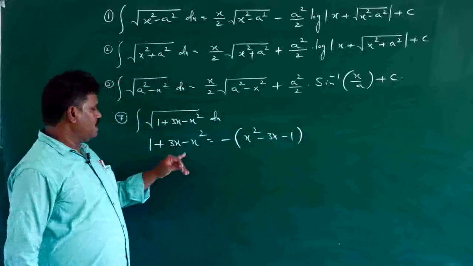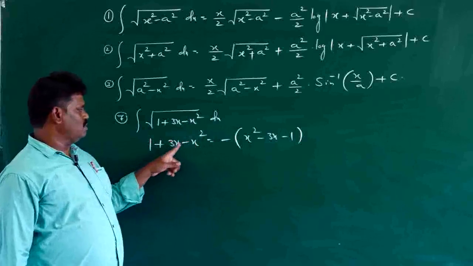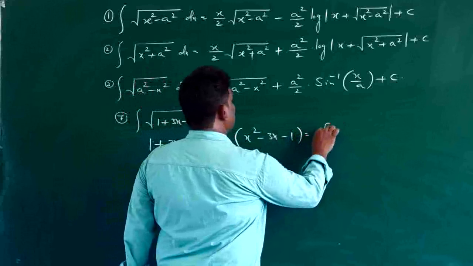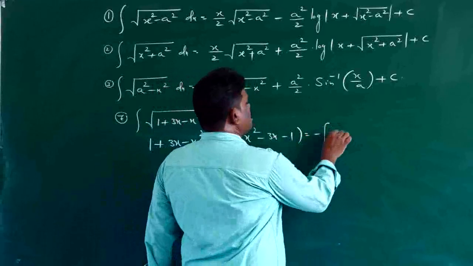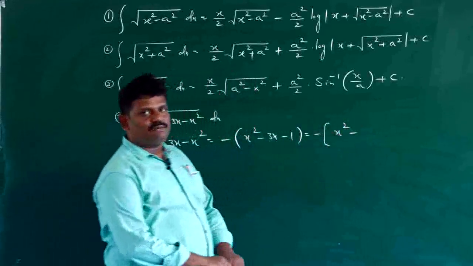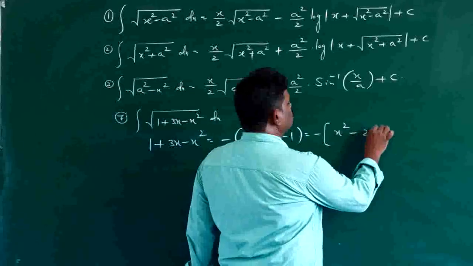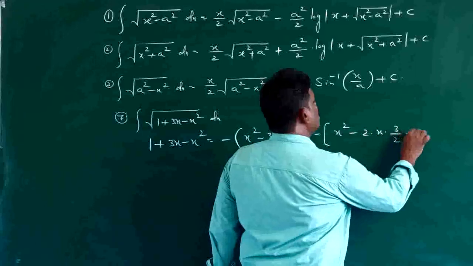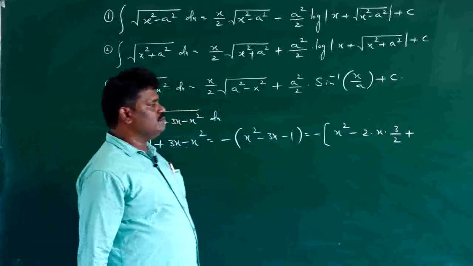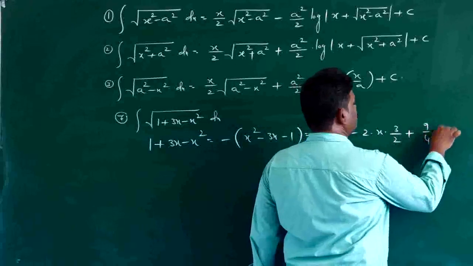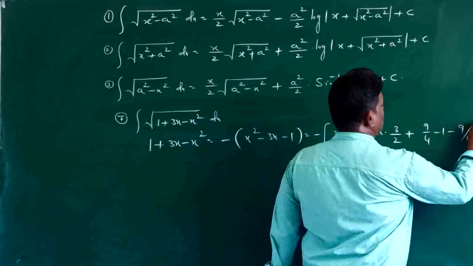Okay? Since x square is negative, we take the minus common, and positive becomes negative, negative becomes positive. Now simplifying, that is equal to minus of x square minus 3x. Here there is no 2 multiple, so we multiply and divide with 2: 2 into x into 3 by 2, plus the extra term 3 by 2 whole square, 9 by 4, minus 1 minus 9 by 4.